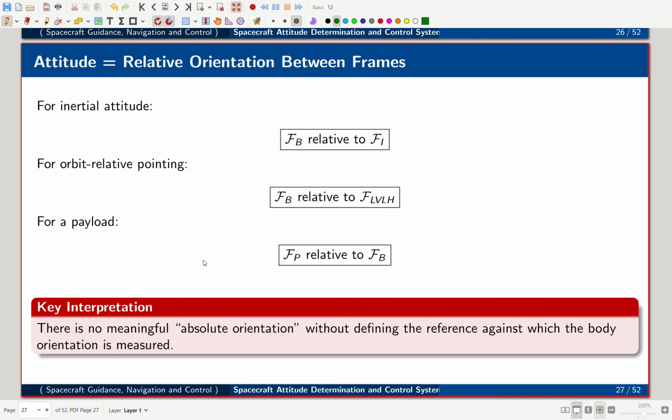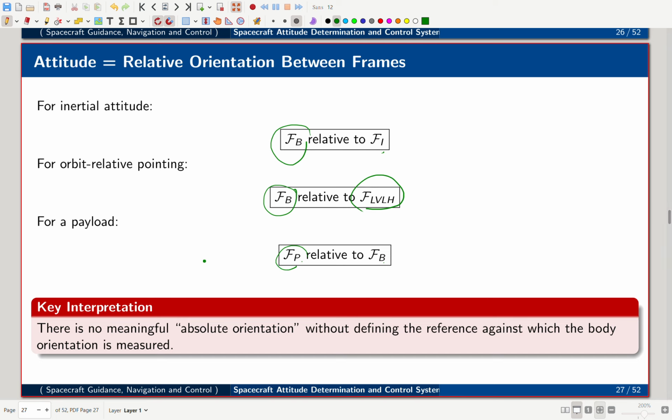So attitude equals relative orientation between frames. This is very important, which frame you want to assign. For inertial attitude, it is FB related to FI, the body frame related to the inertial frame. For orbital relative pointing, this is the body frame attitude related to the local vertical, local horizontal.